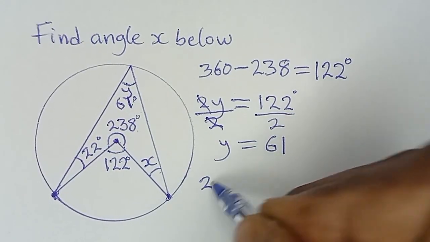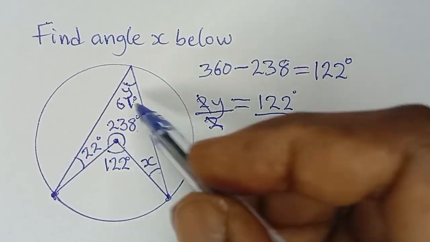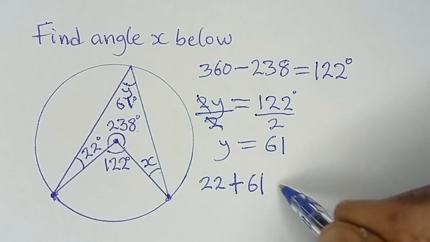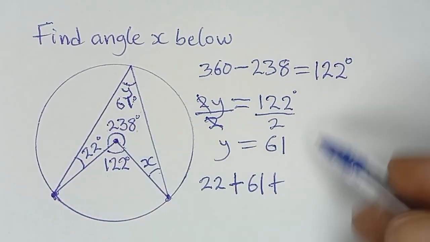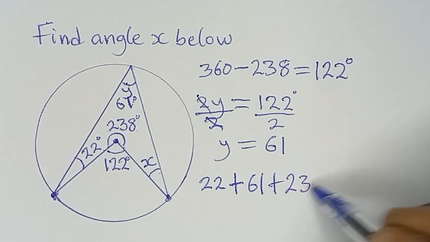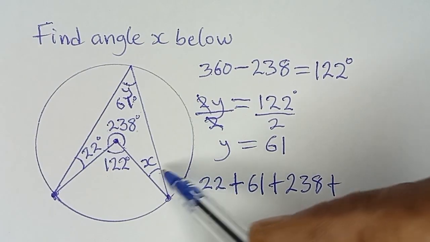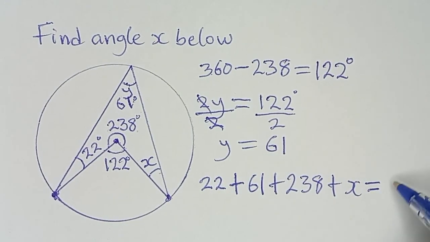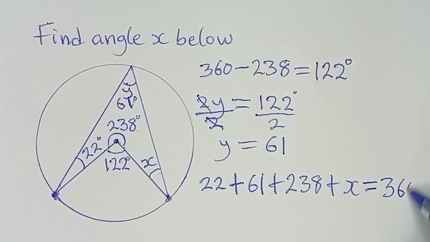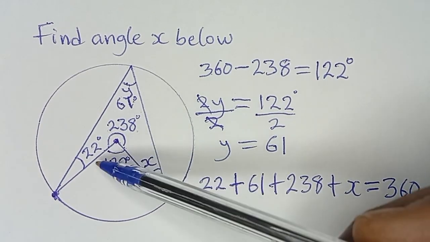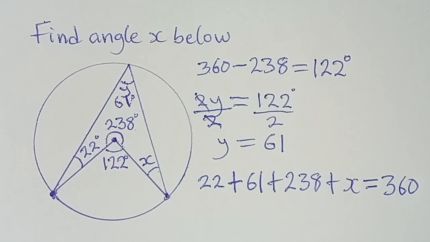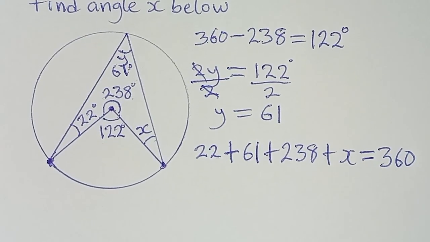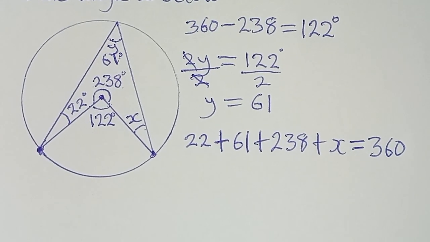I have 22 plus 61 plus 238, and then plus angle X, all together should give me 360. Sum of angle in a quadrilateral add up to 360 degrees. Don't forget that.